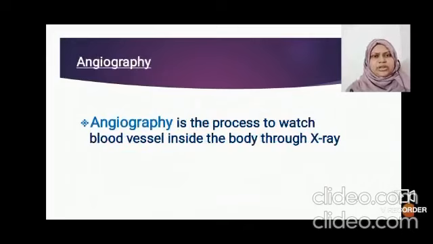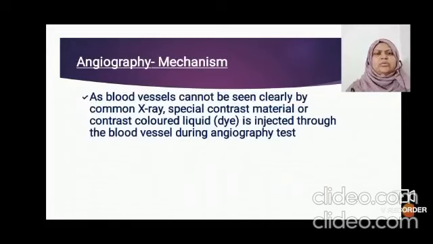Now, angiography. Angiography is the process to watch blood vessels inside the body through X-ray. Now, mechanism of angiography. As blood vessels cannot be seen clearly by common X-ray, special contrast material or contrast colored liquid is injected through the blood vessel during angiography test.